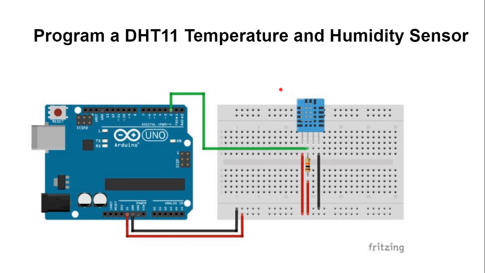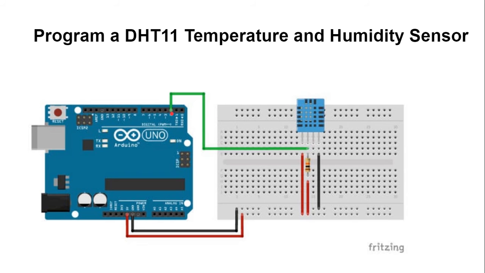So I decided to use this very simple example with one sensor and one development board. This is the DHT11 sensor. It is a temperature and humidity sensor. You can measure the temperature and humidity of the atmosphere using this sensor. And we only need to power up this sensor, and only one signal wire we need to connect to the development board.